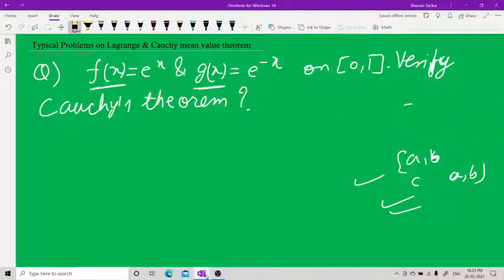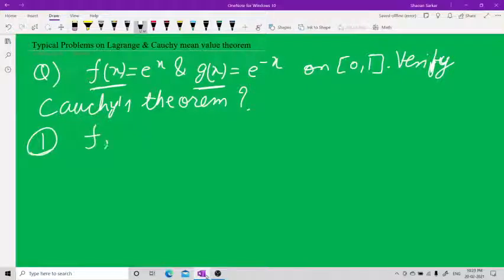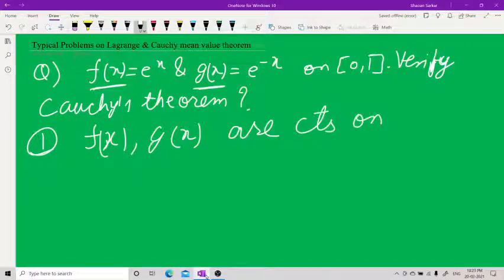Now we have to write the statements also because we have to verify Cauchy. First, f(x) and g(x) are continuous on the closed interval [0, 1].